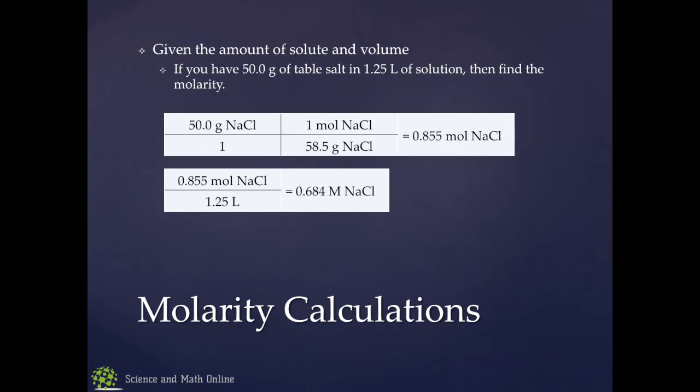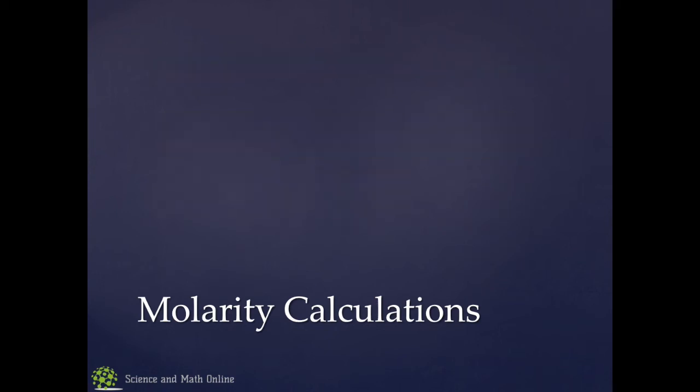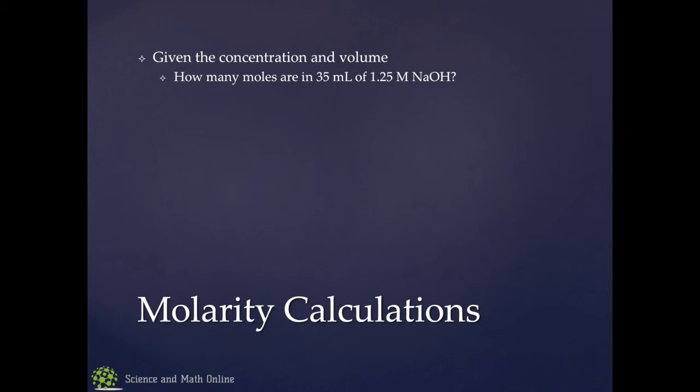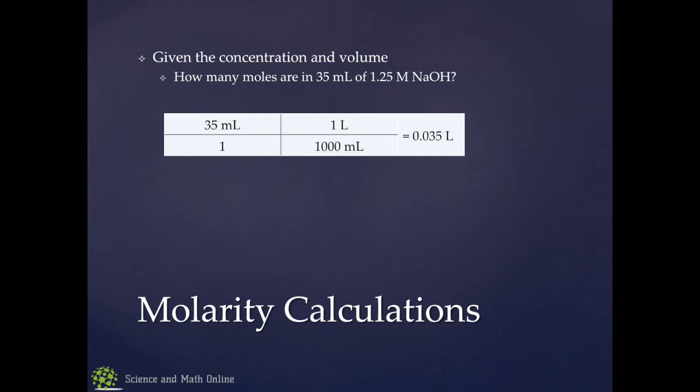Now, that's one way that we do these, and that's more common when you're given an amount that you're starting with. But another one that's fairly common is if you're given the concentration and the volume. When you're doing an experiment, you're told to get this many milliliters of this solution, but you need to know how many moles you're reacting with. And so first thing we got to do is remember, molarity is moles per liter. This is milliliters.